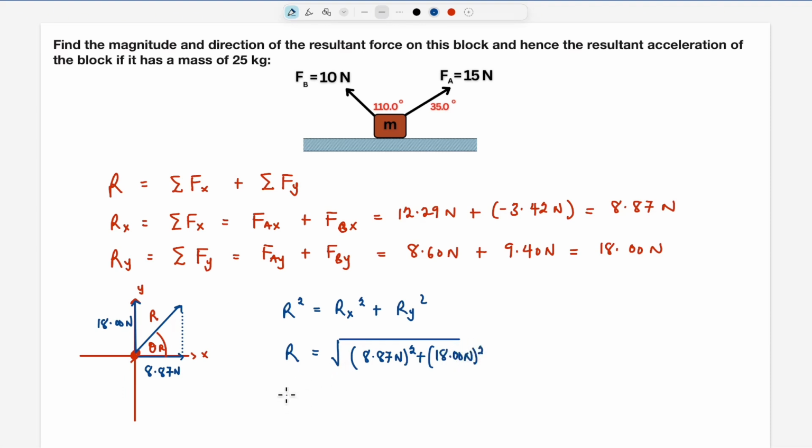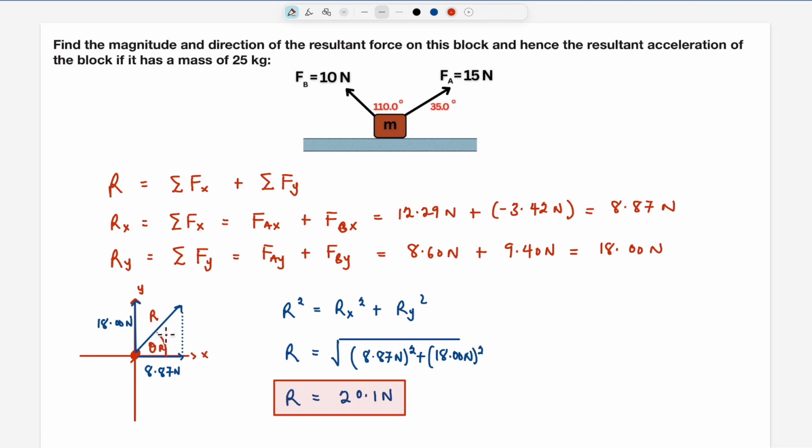So evaluating this should give us a resultant force of about 20.1 newtons. All right. So that is the magnitude of this resultant force, which is R, and we've seen it's pointing in this direction.